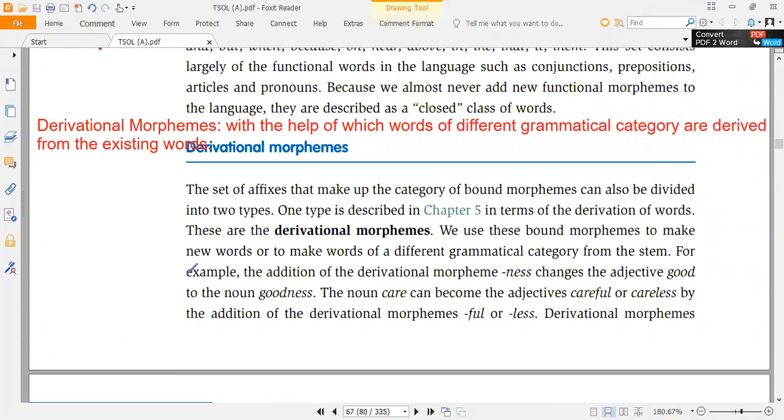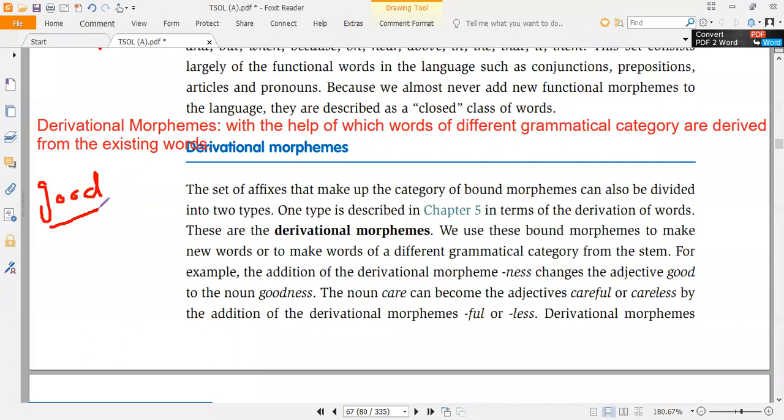Okay, see the word good. The word good. Is it a verb? Adjective, sir. It's an adjective.